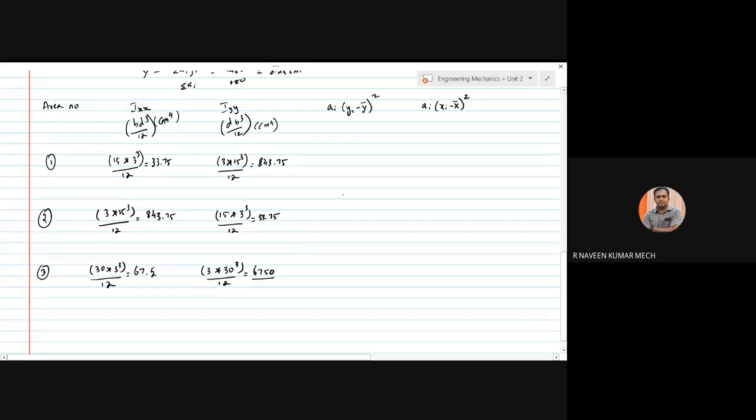Okay, so now we have to check A into yi minus y bar whole square. What is the value of Ai? So we can even get the summation here.